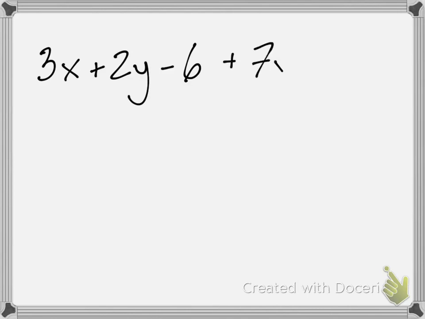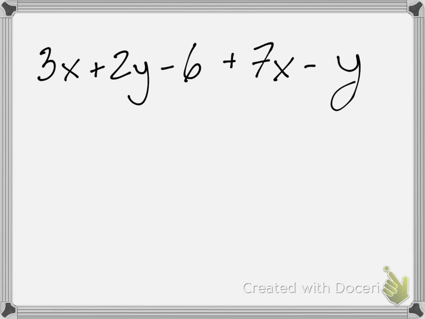So what if I had this one? If I had 3x plus 2y minus 6 plus 7x minus y. So here's my equation that I've got right there. Now, I want you guys to look at the like terms, okay?